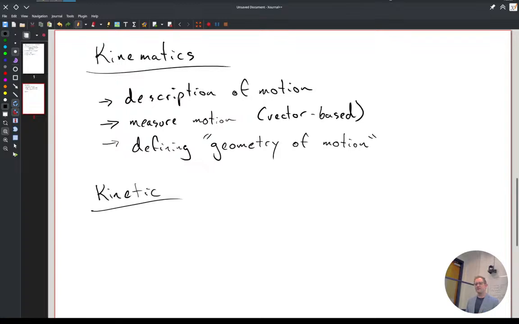We already have motion, and then apply a force, or the forces of the motion, rather. Definitely, our forces are forces of motion.